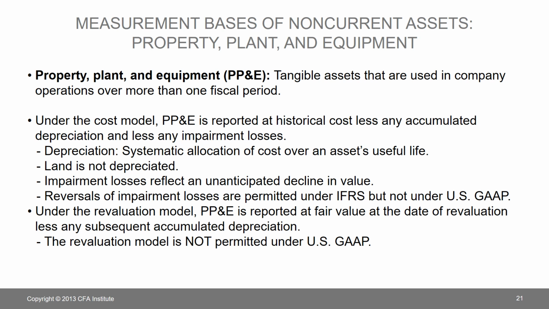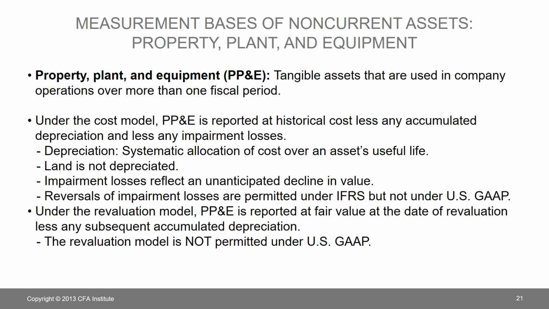Impairment occurs when the asset's recoverable amount is less than its carrying amount, with terms defined as follows under IFRS. Recoverable amount is the higher of an asset's fair value less cost to sell and its value in use.